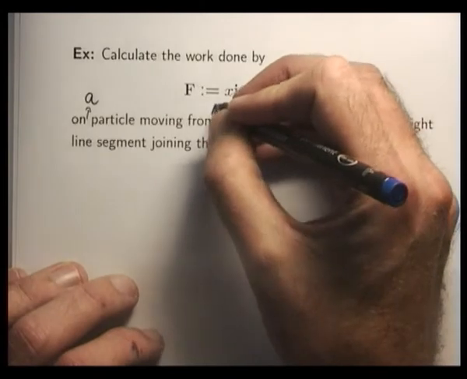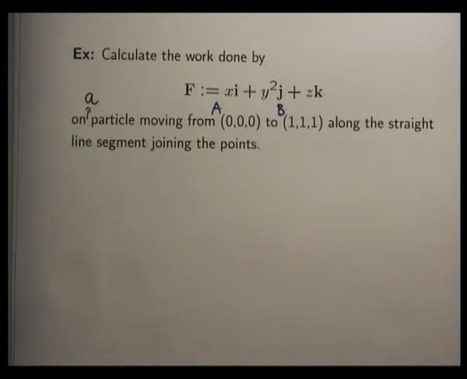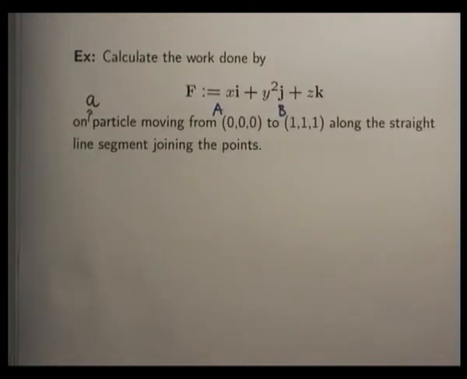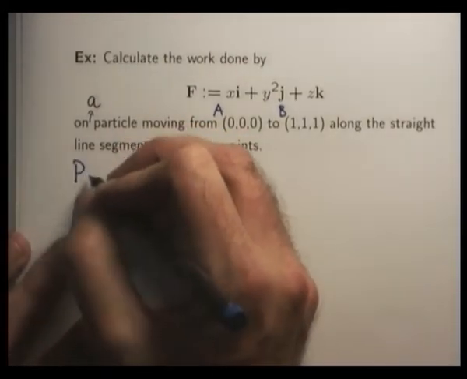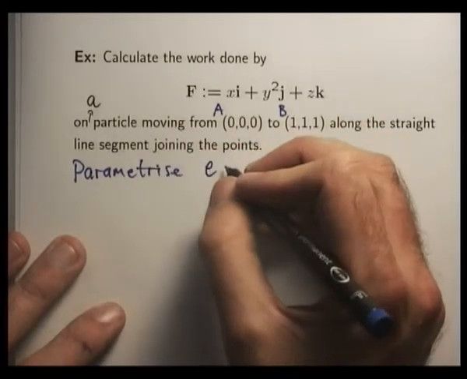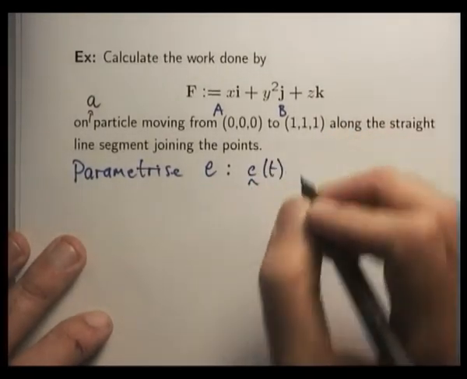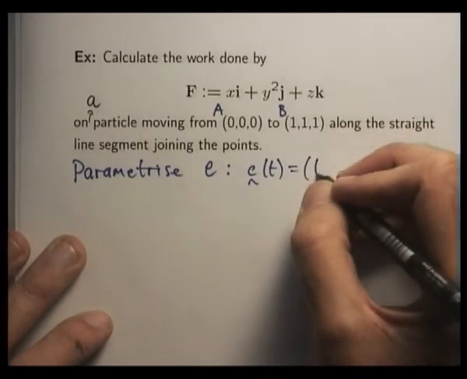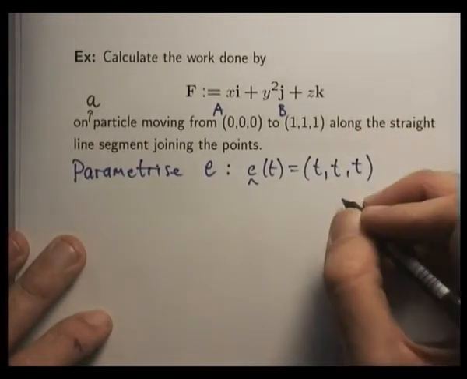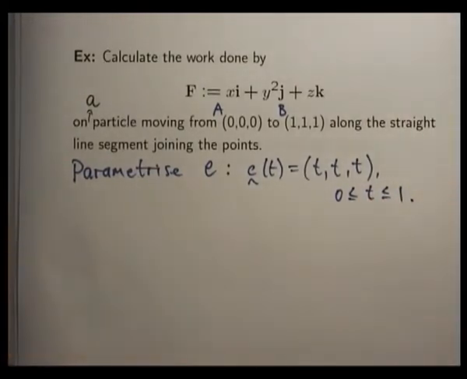So I'm going to call the origin point A, (1, 1, 1) point B. The first thing is to parameterize curly C. So I claim that I can parameterize curly C in the following way. It's just the vector function, t between 0 and 1.